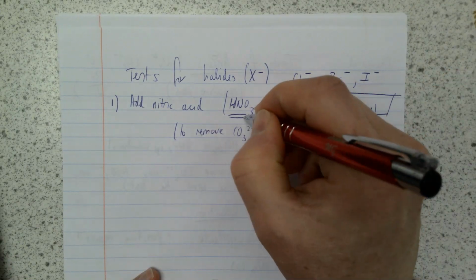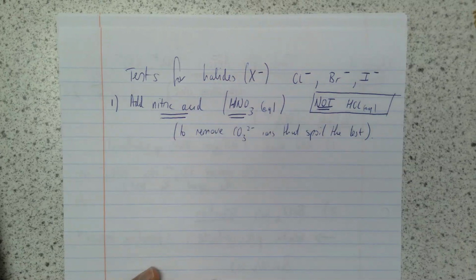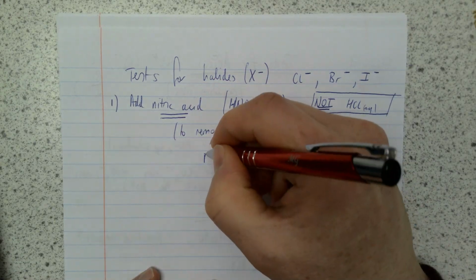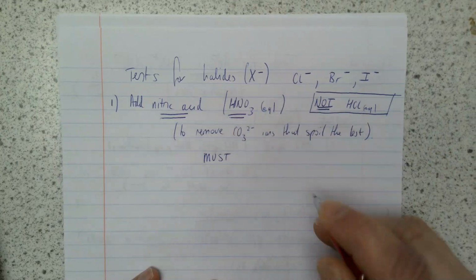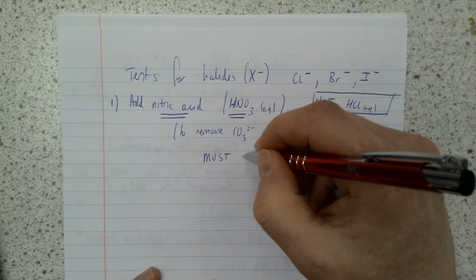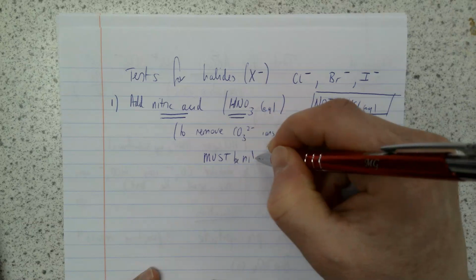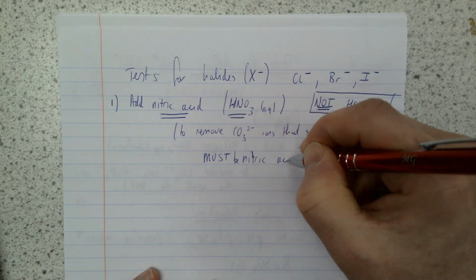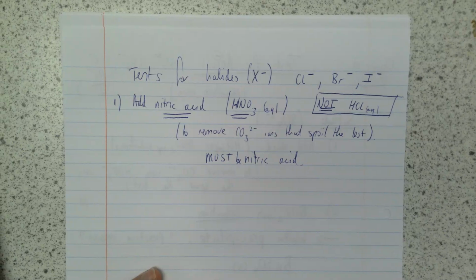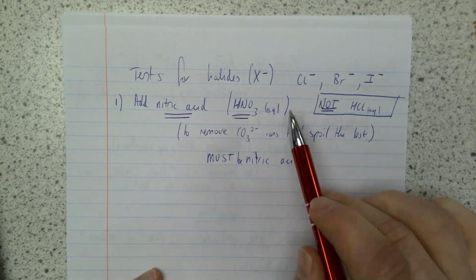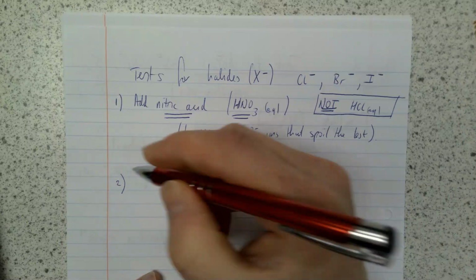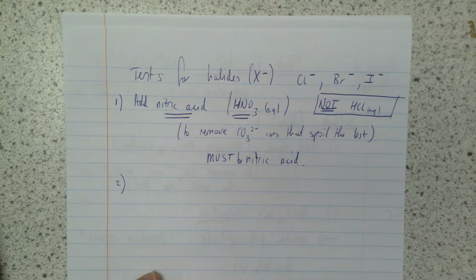You must use nitric acid. It must be nitric acid. So let's just really highlight that. For this chemical test, it must be nitric acid. Excuse my writing there. Must be nitric acid. And it's easy to remember because the chemical test for the halides requires silver nitrate.